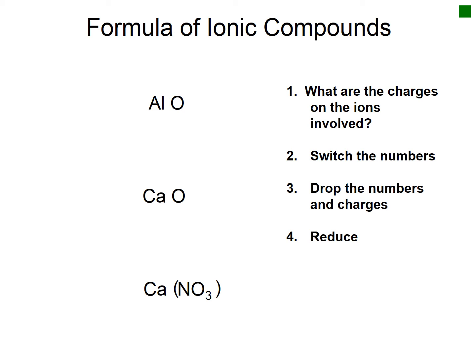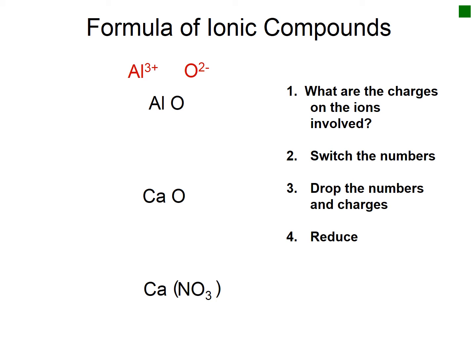So here is another method of creating your formulas of ionic compounds that we'll call the switch, drop, and reduce method. Again, if we look at aluminum, like we just saw, aluminum has a 3+, O has a 2-.